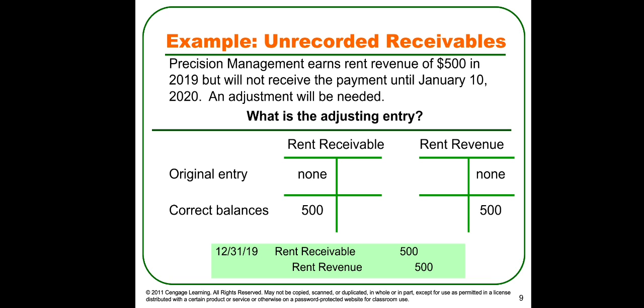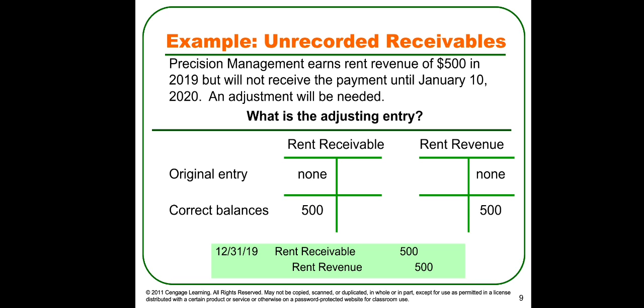Okay, remember, when you want to do the adjusting entry, the main purpose of doing adjusting entry is to follow the matching principle. The $500 that the business will receive on January 10, 2020 is the revenue for year 2019 or 2020? Okay, the answer is the $500 is the revenue for 2019.